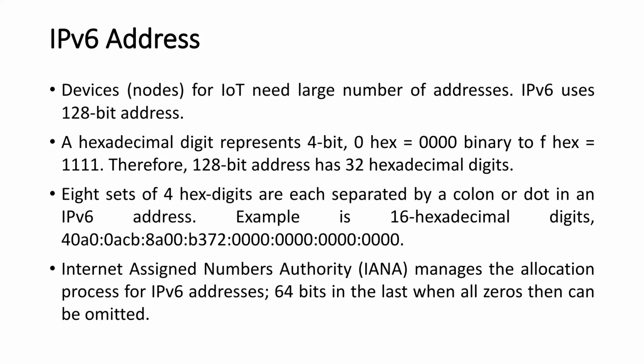8 sets of 4 hexadecimal digits are separated by a colon in an IP version 6 address. For example, this is an example which is separated by colons. The Internet Assigned Numbers Authority, IANA, manages the allocation process for IP version 6 addresses, and the last 64 bits, when all zeros, can be omitted.